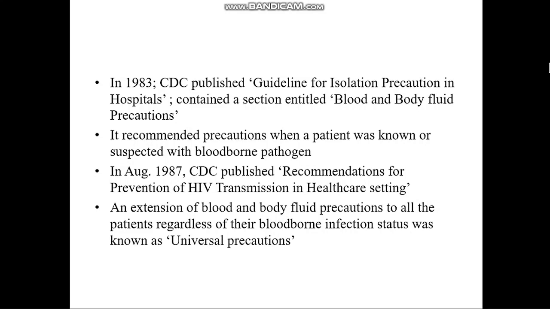But because of HIV transmission increasingly showing its fear among healthcare facilities and all over the world, in August 1987, CDC published a document named Recommendations for Prevention of HIV Transmission in Healthcare Setting.